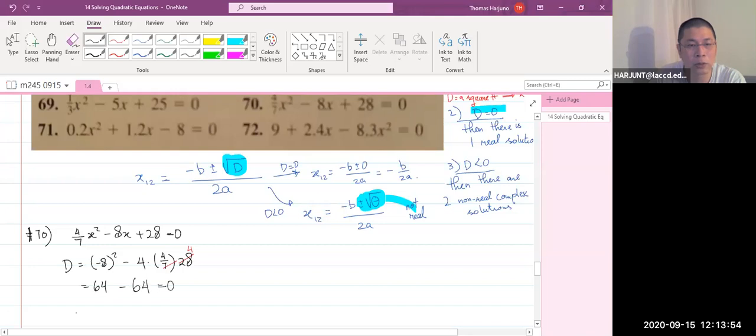Equals to 0. So the equation has 1 real solution. In fact, you will see that's factorable.